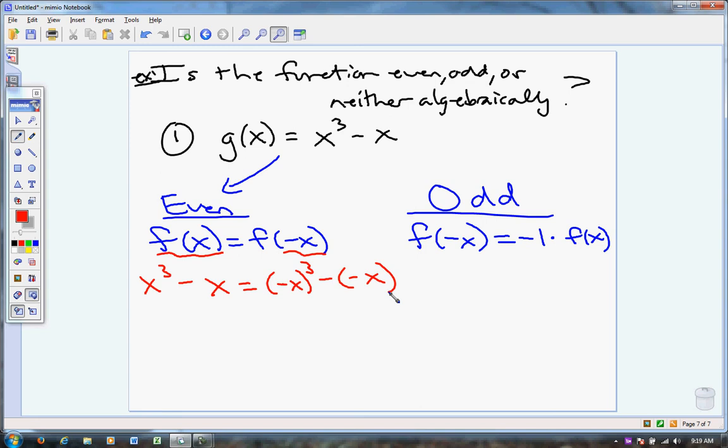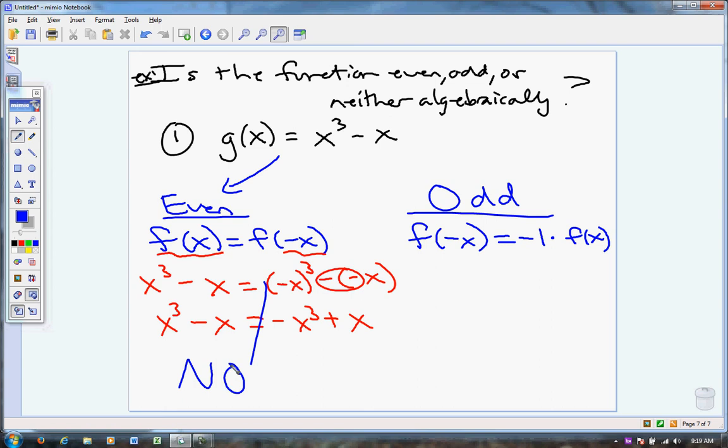We're trying to see if the left side is equal to the right. So on this right side, if I cube a negative, isn't it a negative? So this is going to be negative x cubed, and I have two negatives right here. This is going to become plus x. So is the left side equal to the right? No, it is not. Boom. No. I know it's not even.